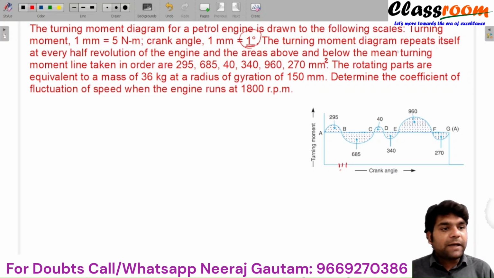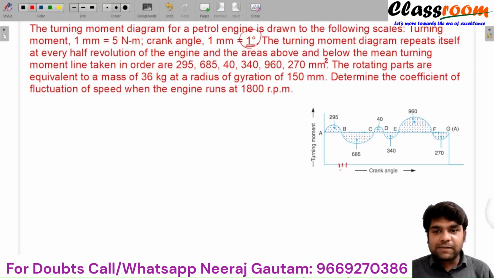The turning movement diagram repeats itself after every half revolution of the engine, and the areas above and below the mean turning movement line, taken in order, are 295, 685, 40, 340, 960, 270 mm square.